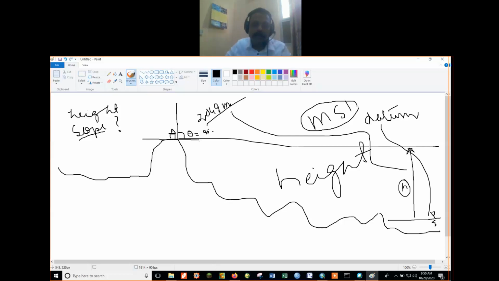For this particular plane, this is a flat surface, so the slope is 0 degree. It doesn't really have a slope. But look at this surface. It does have a slope with the horizontal plane. So this is theta. This may be 30 degree. Sometimes the slope is bigger, sometimes smaller. Depending on that, the terrain will behave differently.